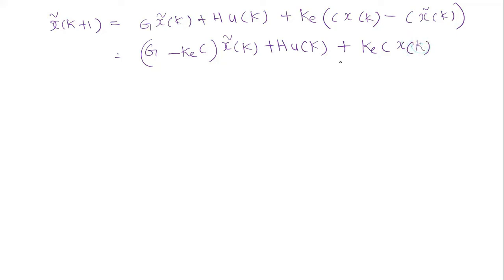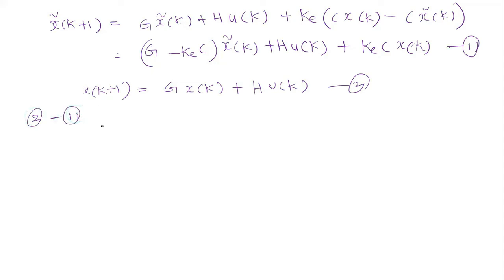Okay, x of k. And then what is x tilde of k? Sorry, not x tilde, x of k plus 1, the actual state equation. That equation is equal to g into x of k plus h into u of k, right? So just subtract equation number 2 from equation number 1.